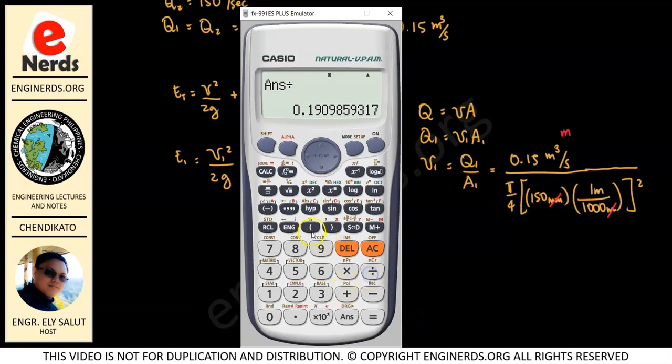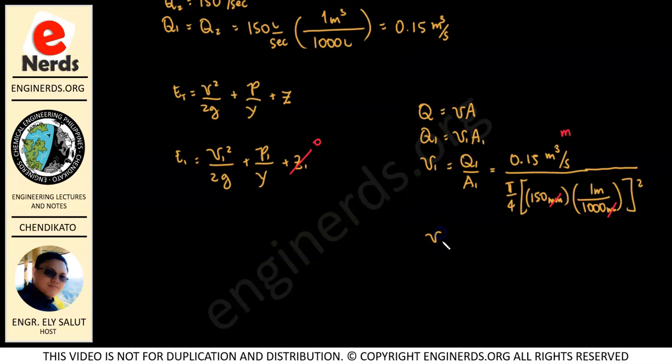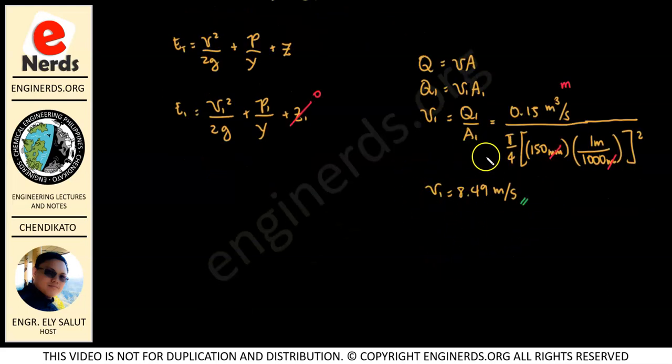And then we're going to divide this dito sa ating 150 divided by 1,000, but this is squared, no? So we're going to square this. So our answer here will be 8.49. So therefore, our V1 is equal to 8.49 meters per second. No? Okay, so nakuha na natin yung value ng V1.